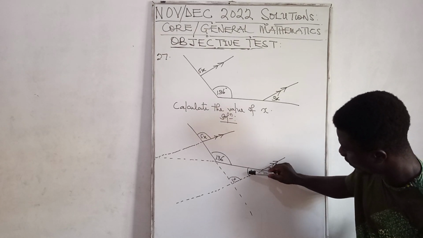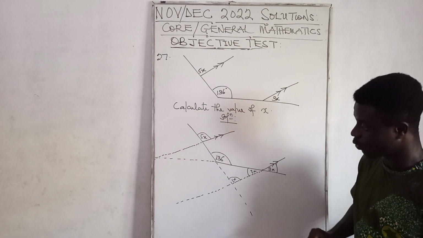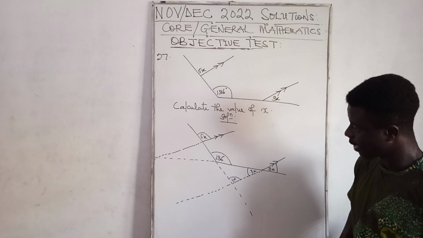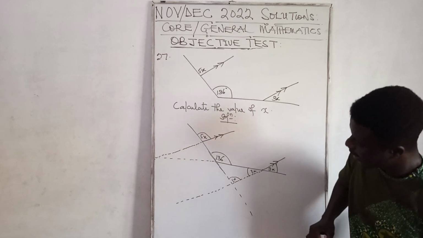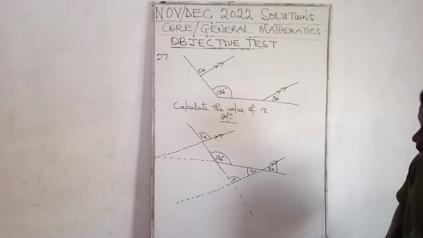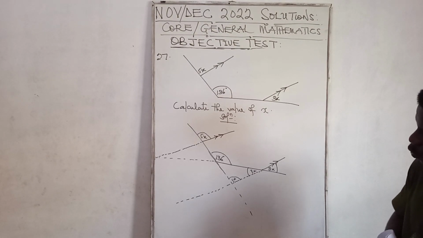Then this 3x is equal to this 3x, which is vertically opposite angles. So this 5x corresponds to this 5x, corresponding angles. Then this 3x is equal to this 3x, vertically opposite angles. Then I can say that adjacent angles on a straight line add up to what?